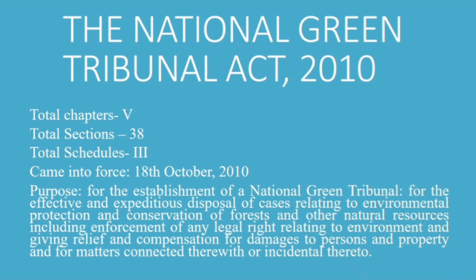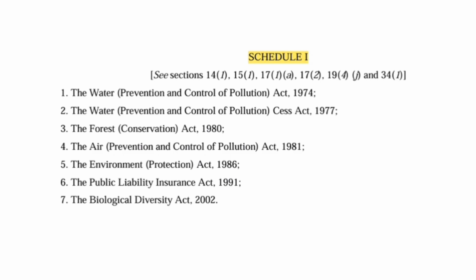Okay, now let's deal with these schedules separately since it is most often asked in the UGC NET. Under Schedule 1, the Act specifies 7 environmental laws. So only the disputes arising under these 7 Acts fall within the jurisdiction of the NGT.